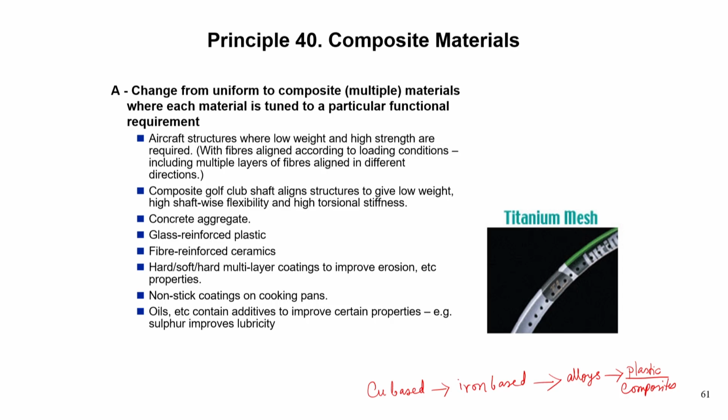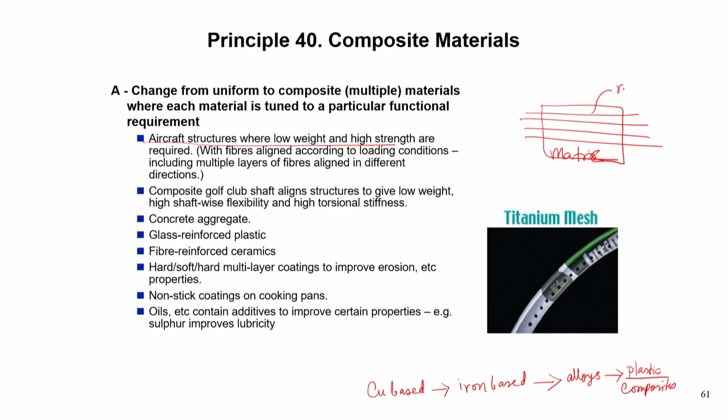Start from, say, aircraft structures. Low weight and high strength are required. So what is basically a composite is that instead of one material, you have more than one material, in which we will call one material the matrix. So let us say this is a matrix, this is the base material, and this is cheap and weak, and this material is further reinforced by some very strong material.